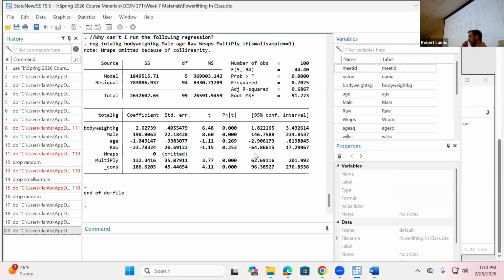Now, what's another way I could do this? Once again, the problem set asks a similar question. Let's say I just want a single coefficient that tells me the difference between that raw and that multiply category. There's two regressions I could run to get that. So if I want one coefficient that tells me the difference between these two categories, what group do I need to leave out?